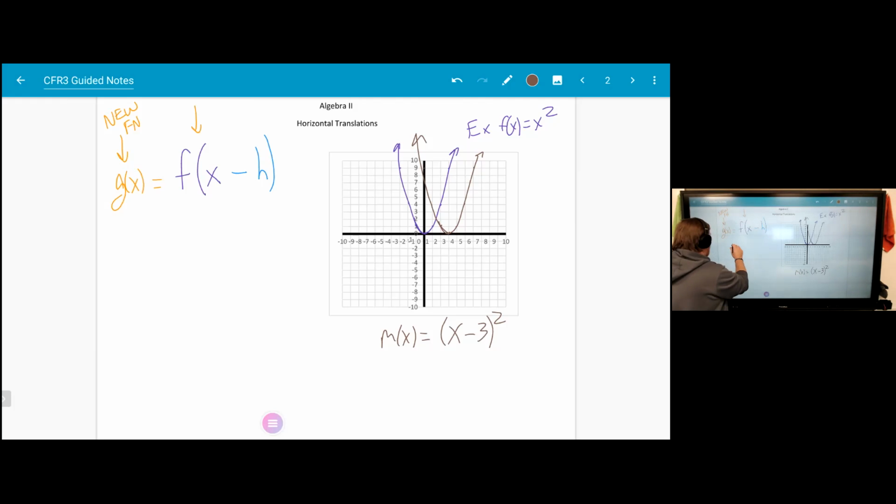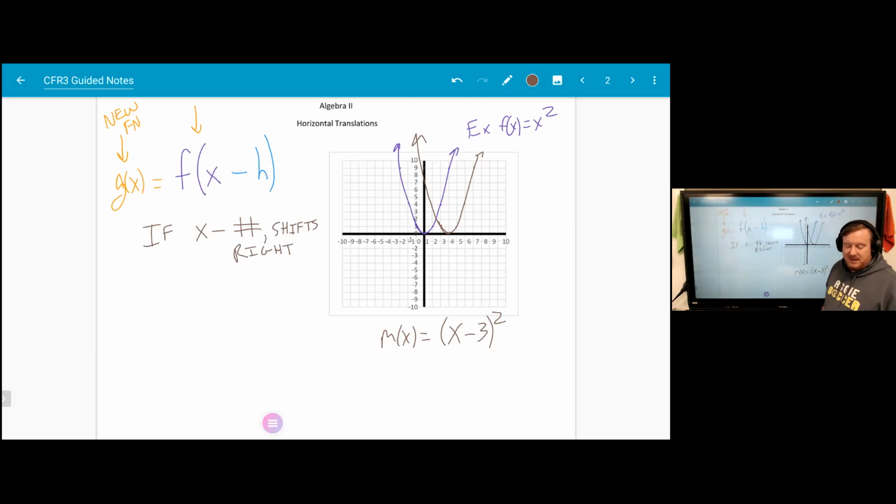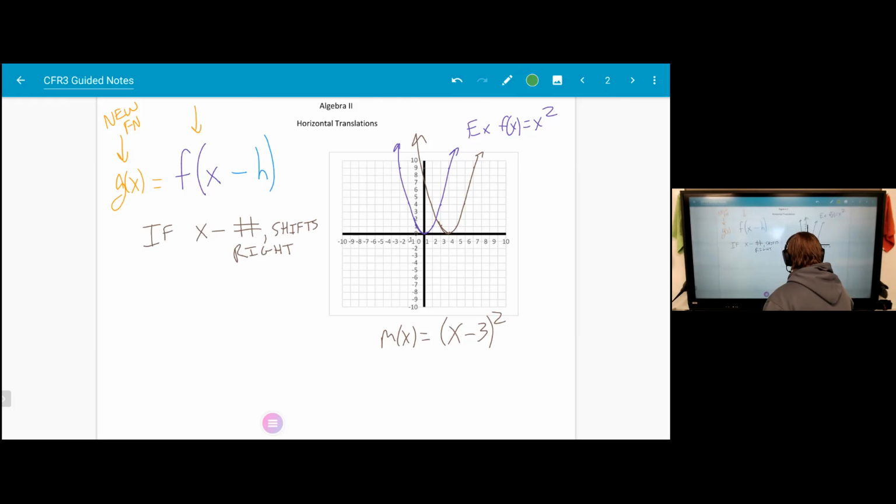So on the inside, if you have x minus a number, it shifts right. And if you don't believe me, plug it into Desmos. On the converse, let's say c of x equals x plus 5 squared.